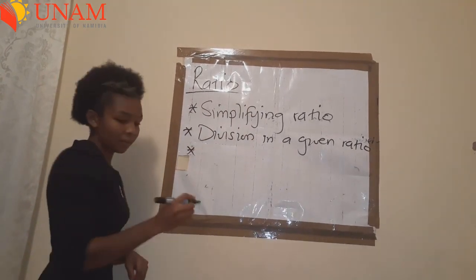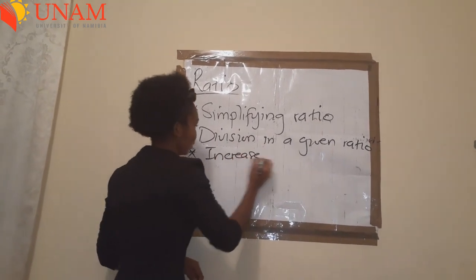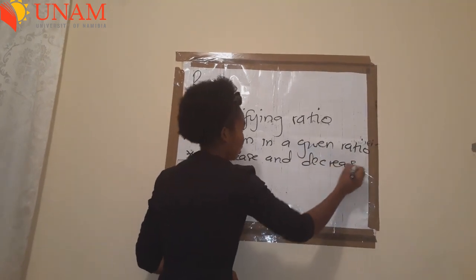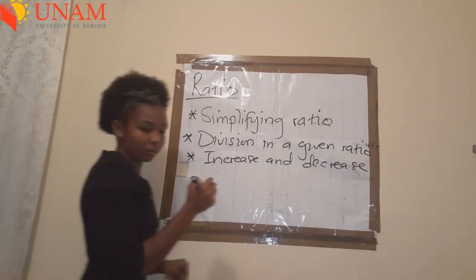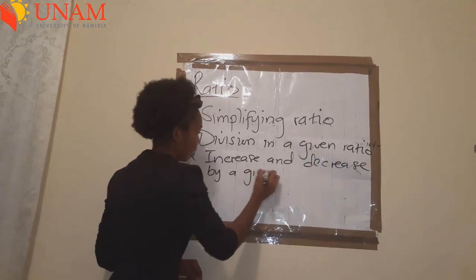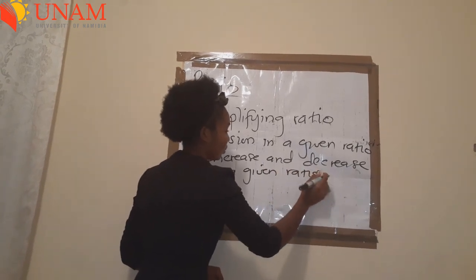The third one is increase and decrease by a given ratio.